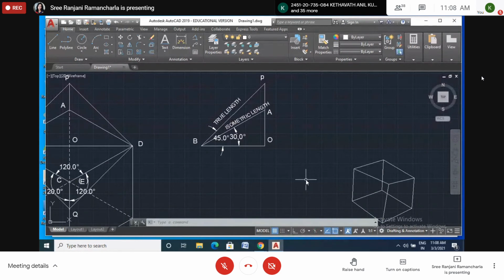What is isometric length? BA. This is isometric length, right? So BA by BP, BA by BO into BO by BP, equals BA by BO into true length.